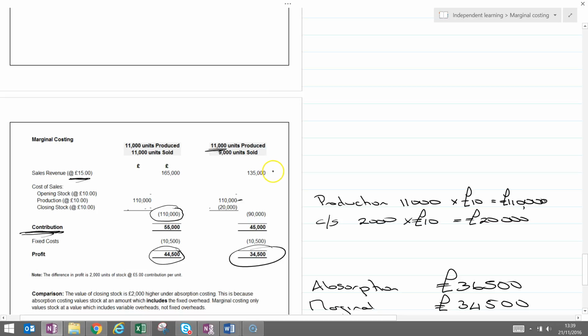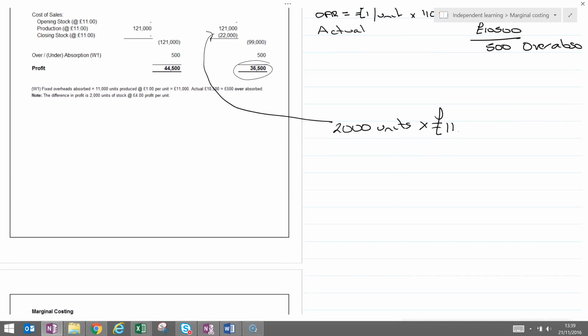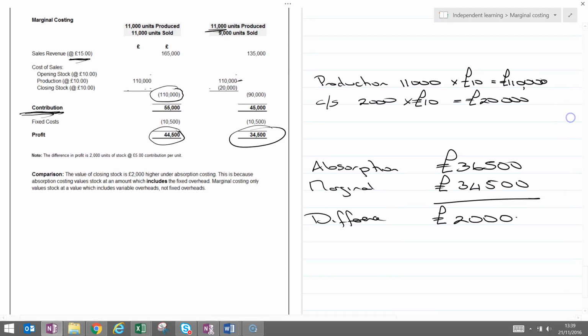Then £135,000 sales, 110,000 in production, 20,000 in closing stock. So our closing stock figure is higher with absorption costing than it is with marginal costing, and it is higher by £2,000. So that difference in profit is due to the valuation of the closing stock.